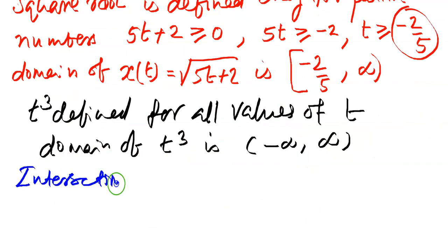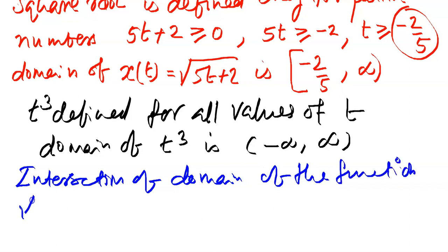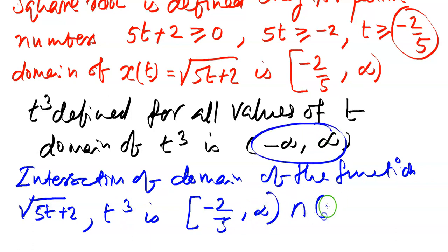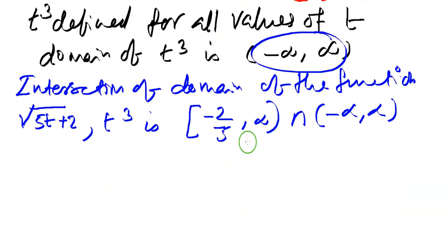Intersection of domain of the function square root of 5t plus 2 and t cube: minus 2 by 5 to infinity intersection minus infinity to infinity. ഈ രണ്ട് ലിമിറ്റിലും കോമൺ ആയിട്ട് വരുന്നത് minus 2 by 5 to infinity.